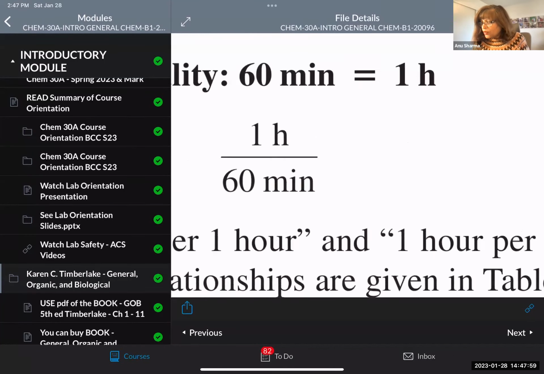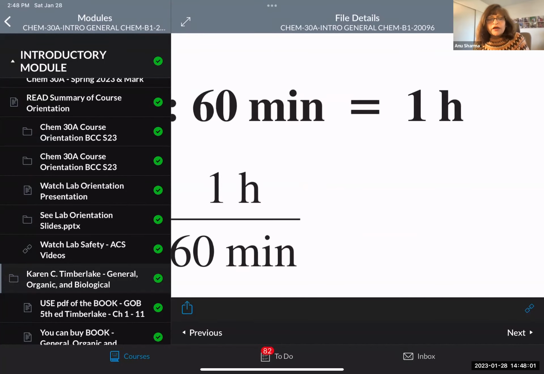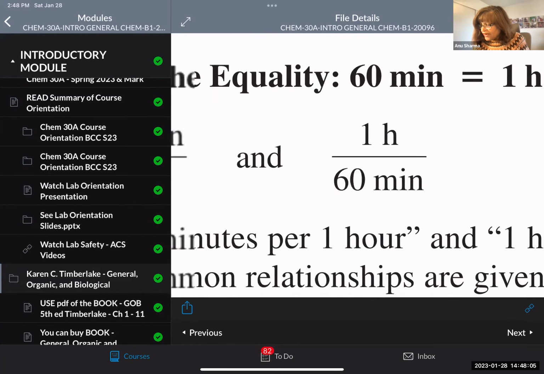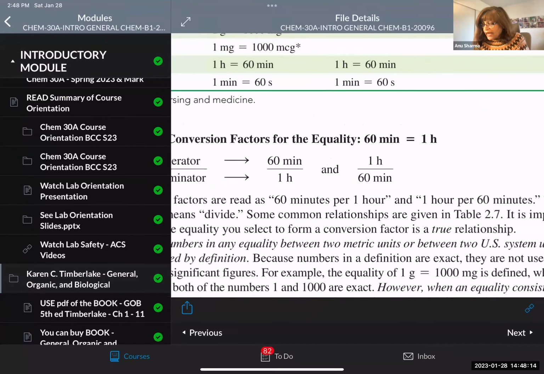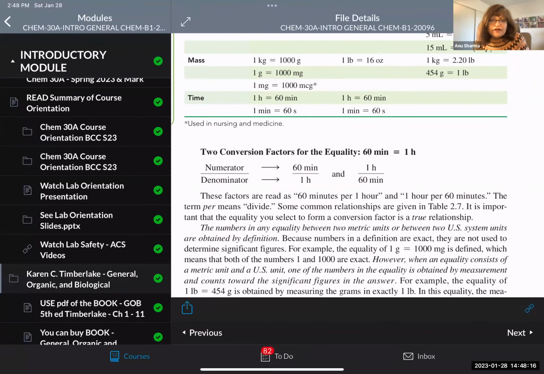If you have an equality, 60 minutes is equal to 1 hour, or 1 hour is equal to 60 minutes, then the two conversion factors are 60 minutes over 1 hour, or 1 hour over 60 minutes. Later on, we are going to use these conversion factors to find the unknown, or to convert between the units. Okay, so let's do the homework problems.